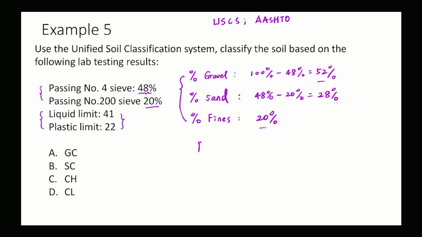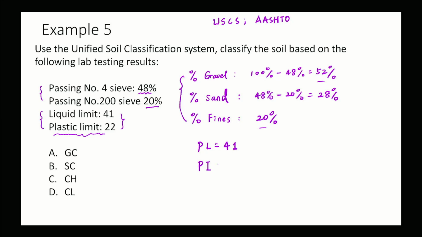We have the LL is 41, and there's a small catch over here because later on we're going to look at the A-line chart to determine the classification of the fines. So the plastic limit is not a number that would be directly plugged into that chart, and we actually use PI, which is the plasticity index.